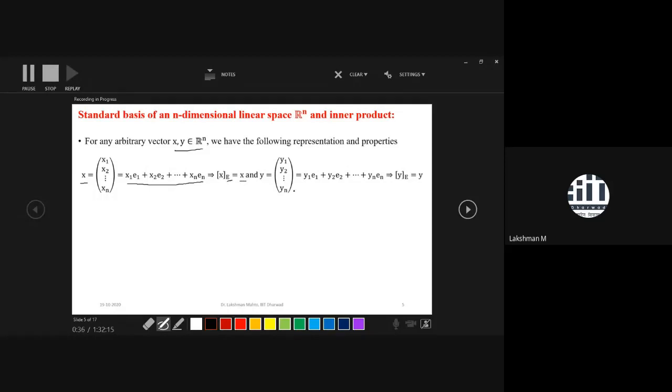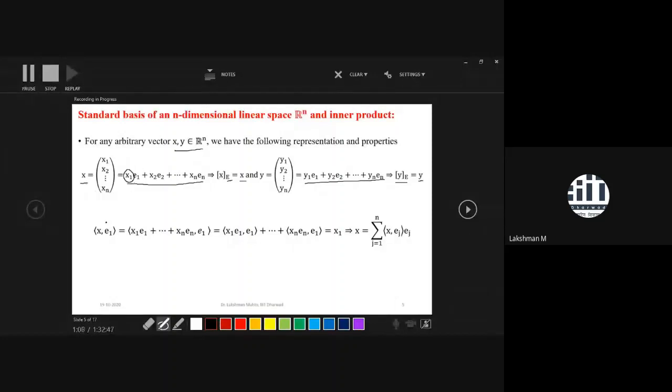Similarly, if you take another vector y from Rn, then y can be represented as a linear combination of the standard basis. It simply says that the coordinate of y with respect to the basis is the vector itself. Everything is happening in Rn with respect to a standard basis.